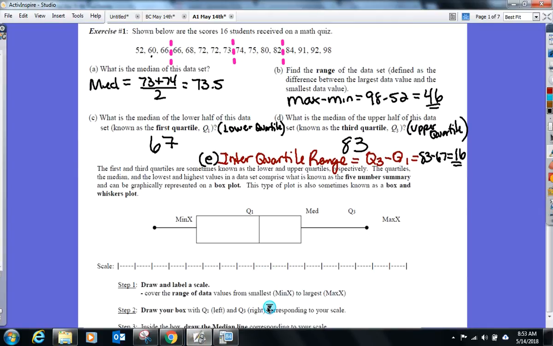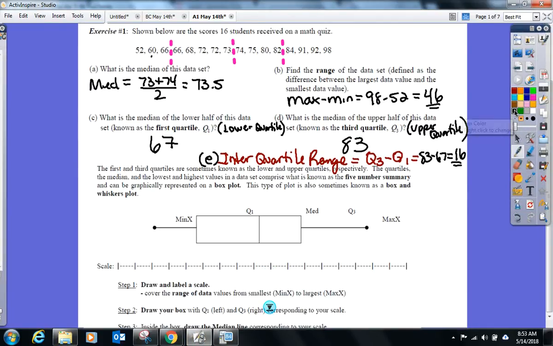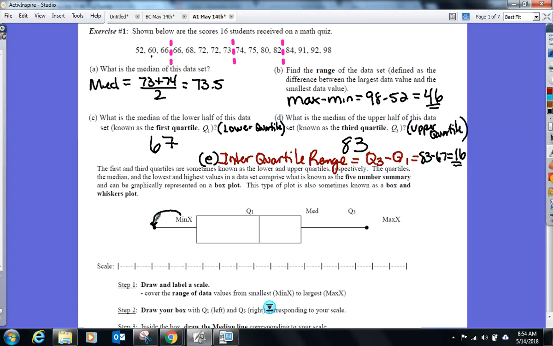Well, unfortunately, this did not come out the way I planned. The minimum value is your first dot. These are all off, so you guys just got to move them over for me. The minimum value is going to be my first dot of the whisker. The rectangular box is made up of quartile 1 and quartile 3. Those are your boundaries of the box.